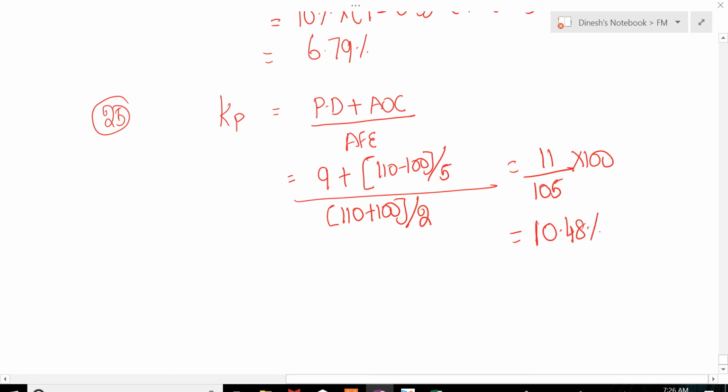In case there is any confusion, do let me know. Interest after tax plus average other cost divided by average funds employed.